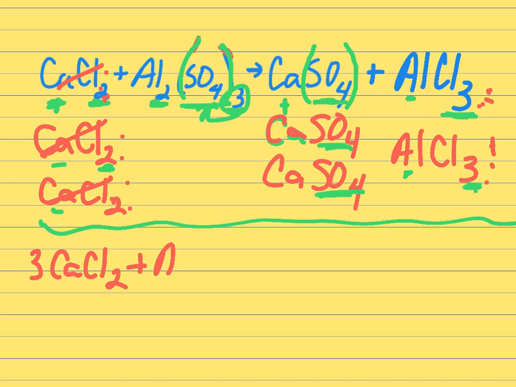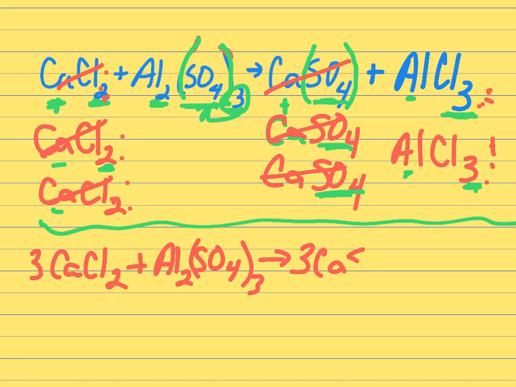Plus, I just have the 1 of the Al2(SO4)3, and that is producing 3 CaSO4 plus 2 AlCl3. There's our balanced chemical equation.